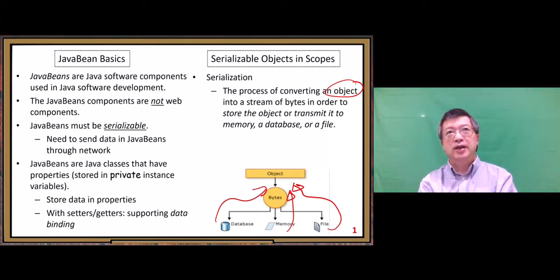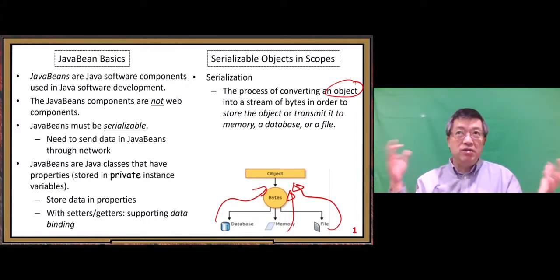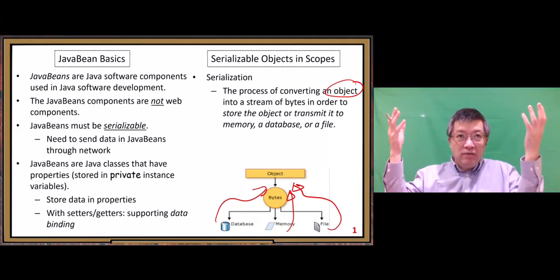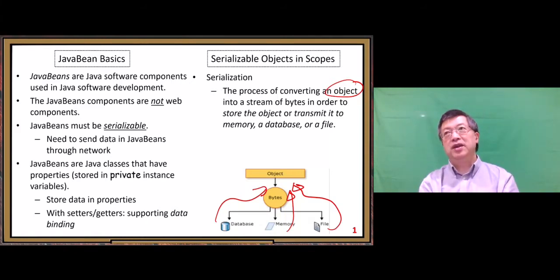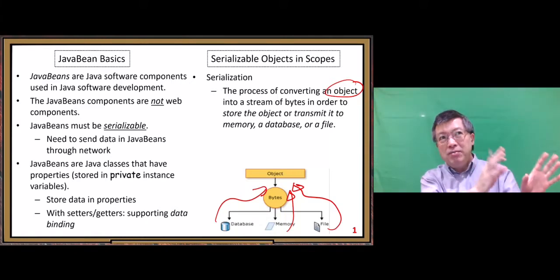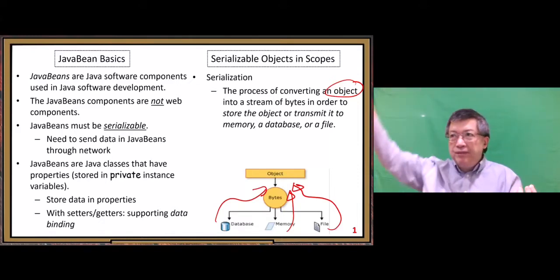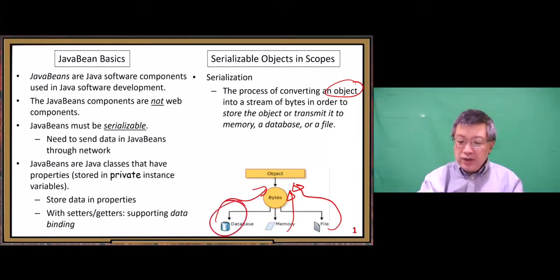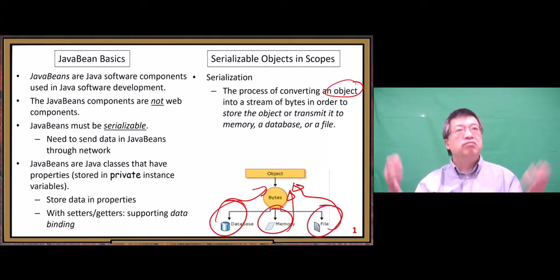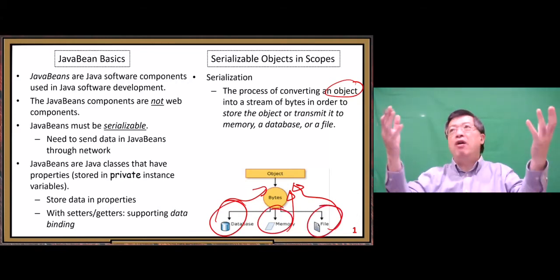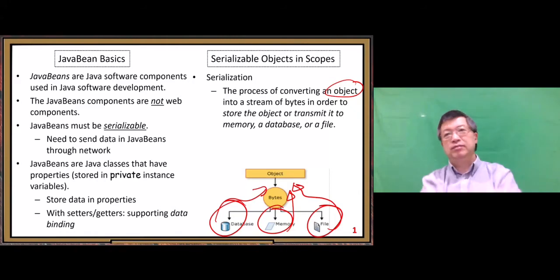So that's the meaning. We define serializable based on that. The binary symbol that can be represented everywhere, in every storage type, we call that symbol serializable.